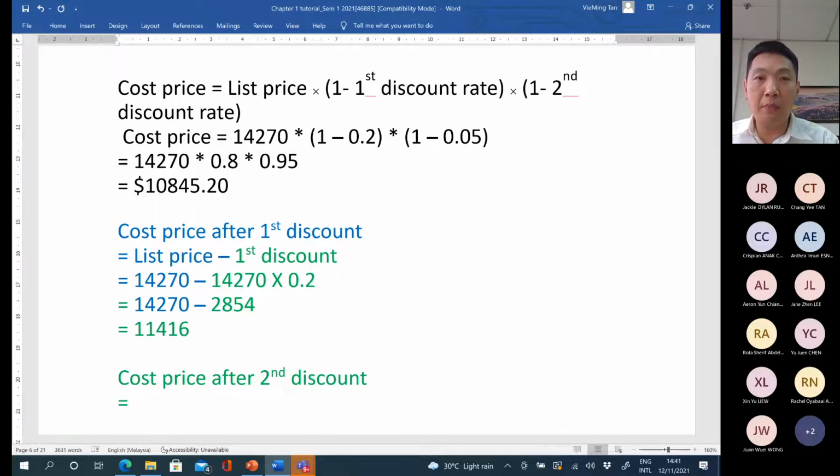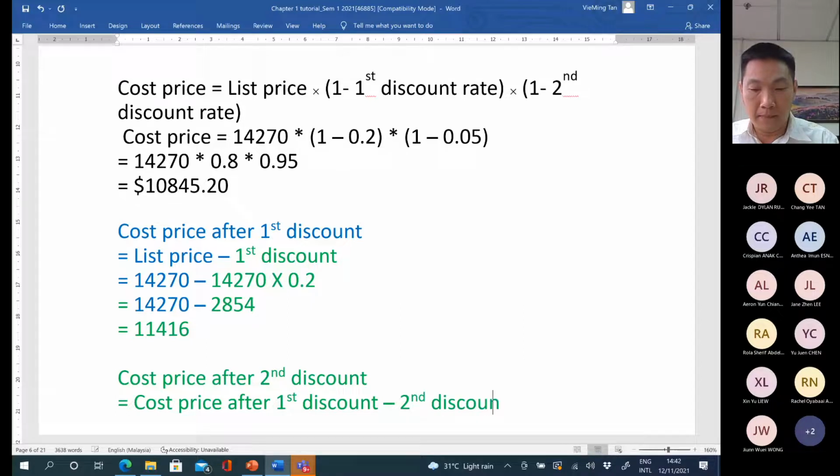So what is the formula? Formula is you have to use cost price after first discount minus the second discount. So maybe for the second discount I use purple color.